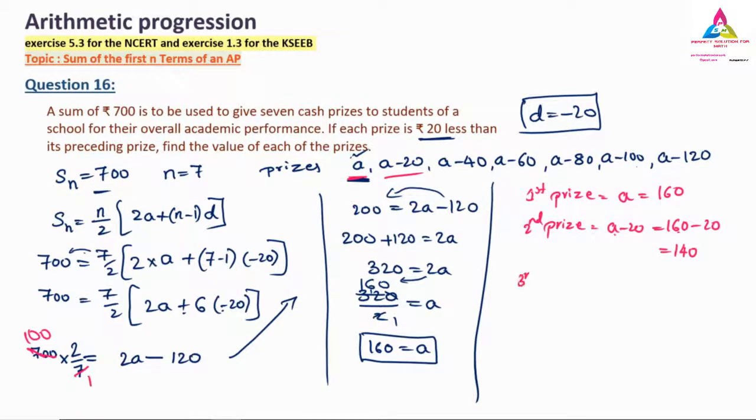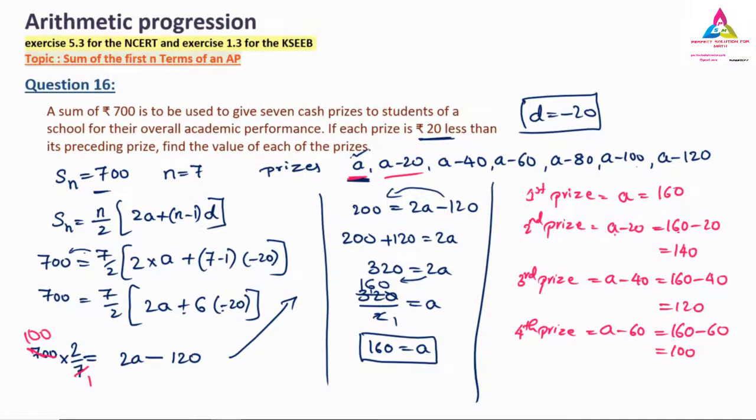Then the third price. What is the third price now? A minus 40, that is equal to 160 minus 40, which is 120. The fourth price is a minus 60, that is 160 minus 60, which equals 100.